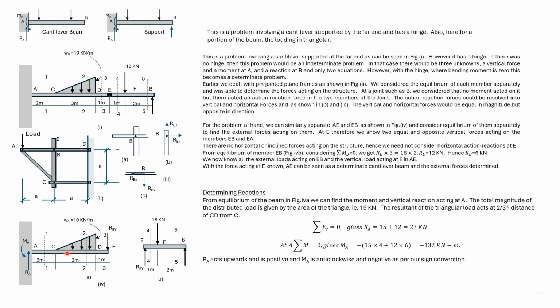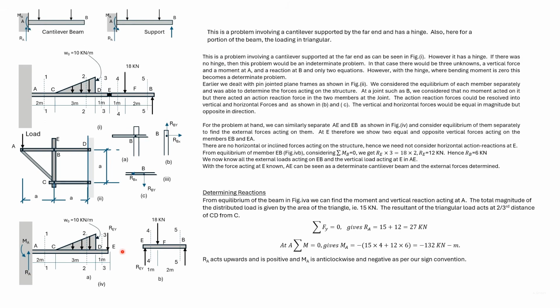This load is triangular and the total load is given as half base into height, that is half into 10 into 3, that is 15 kilonewton. So RA would be equal to 15 plus REY, which is 12, that is 27 kilonewton acting upwards.